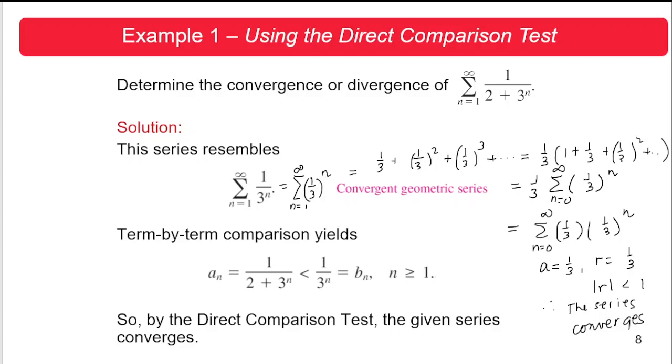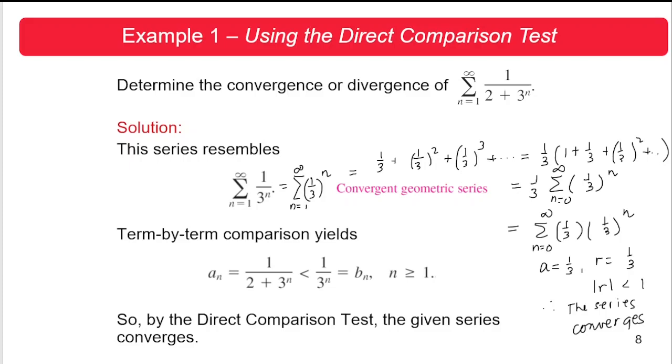The denominator of the given series is bigger than 3 to the n, so 1 divided by this number is smaller than 1 over 3 to the n.